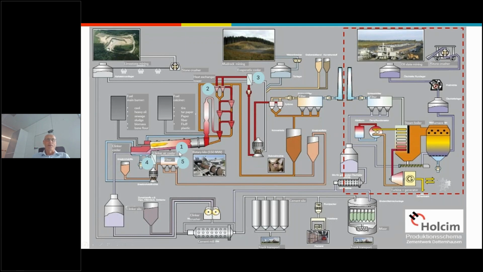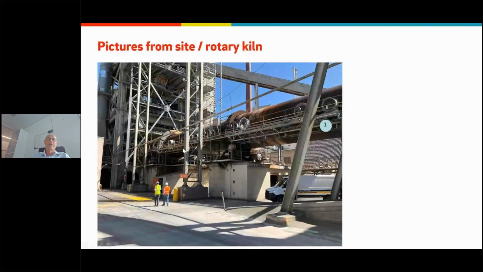For example, the number 1 is here. The rotary kiln is here, with a diameter of 5 meters. It's very hot if you go through here, and it rotates, and the material is going from here through the heat exchanger tower.